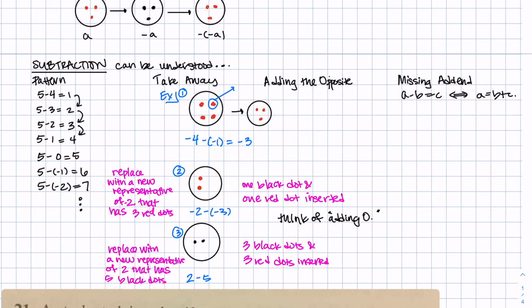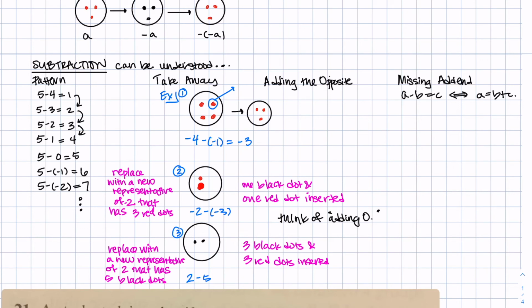Okay, this model becomes a little bit more complicated when I deal with subtracting other negative numbers. So for instance, in these next two examples, here I was taking -4 and just taking away 1 red chip. But if I look at the next example with -2 minus -3, I start off with 2 red chips, but I want to remove 3 red chips.